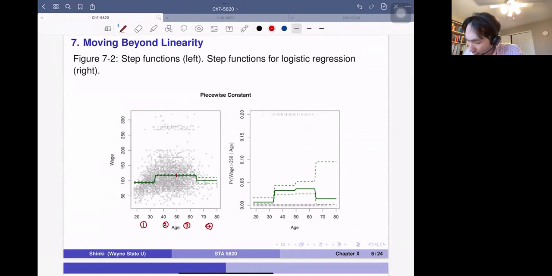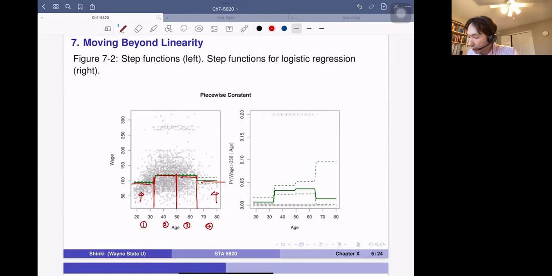At first we have to set the thresholds, threshold 1, threshold 2 and threshold 3. This looks like we made the range into 4 equal intervals. Possibly we can set the 4 intervals based on the number of observations in each interval. For each interval, we estimate the level. Then we can get at least a more complicated pattern than a straight line. At least we see that the wage is lower at lower age and higher age, and in the middle it's higher.